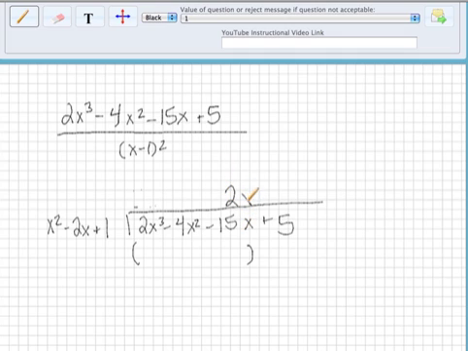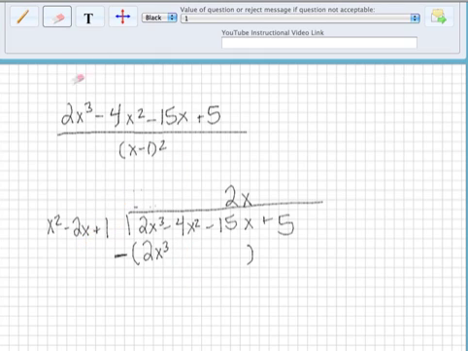I'm going to bring up my x. Now I'm going to multiply 2x by x squared. As you can see, I have parentheses and I placed a minus sign in front of it. So 2x multiplied by x squared is 2x to the third. Multiplied by my next term, 2x times negative 2x is positive... Oh, whoops, sorry.